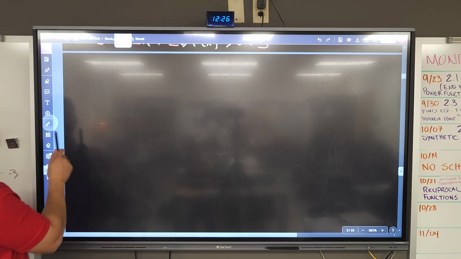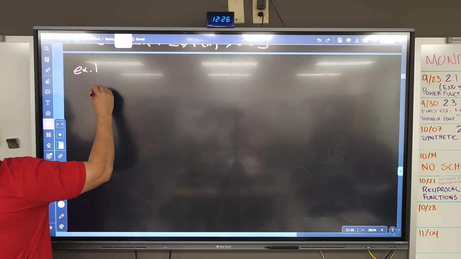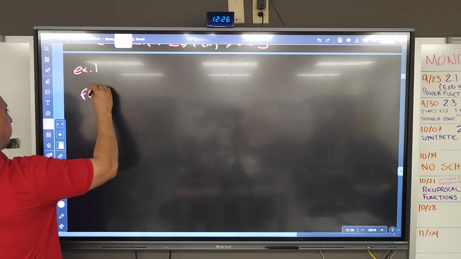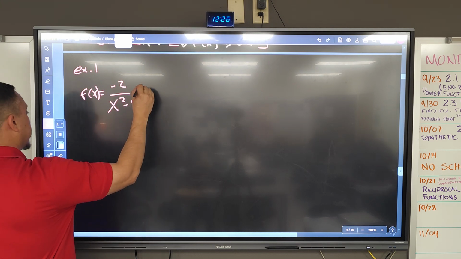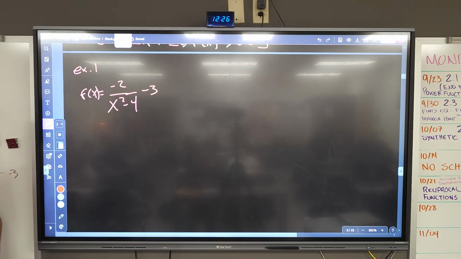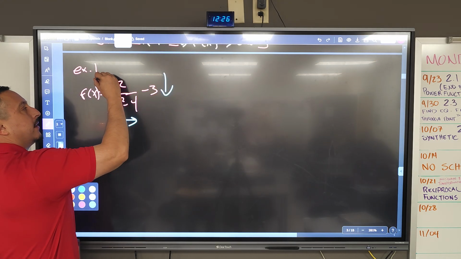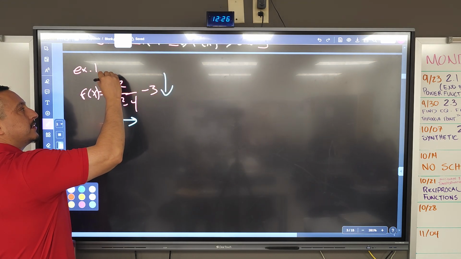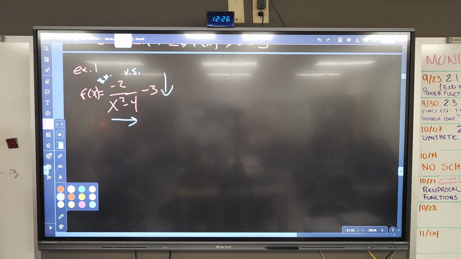I'm gonna have to rewrite it because I wrote it with the wrong color. Okay, so we know, let me help you, right 4, down 3, reflection on the X. We can't sketch vertical stretch and vertical compress.